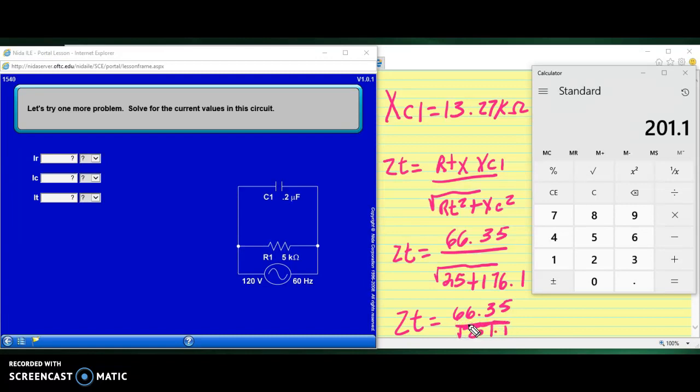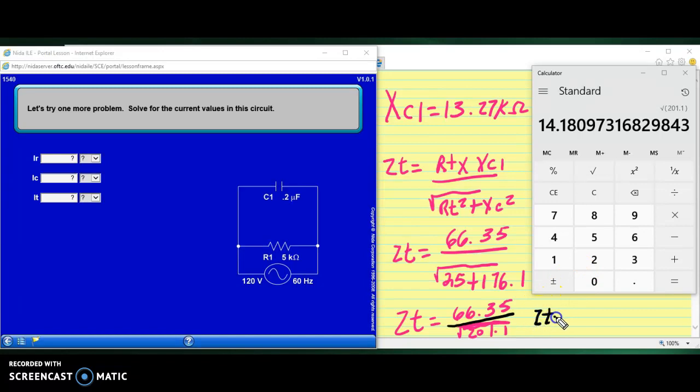It is under the square root. So that is 66 divided by the square root of 201. We'll get the square root of that guy. It is 14.18.